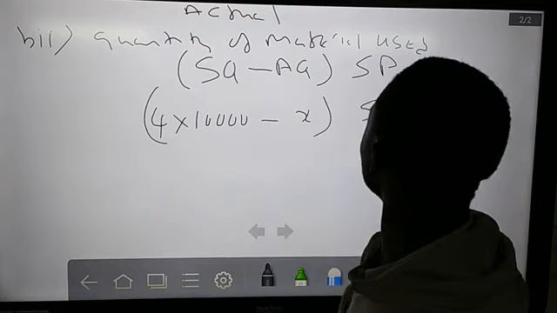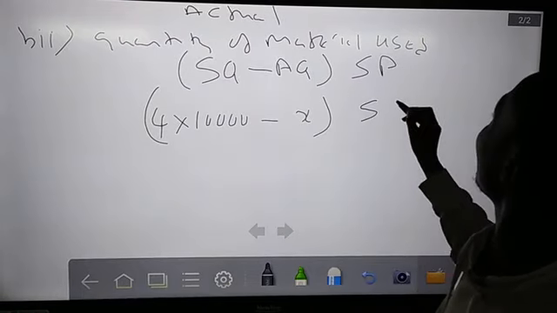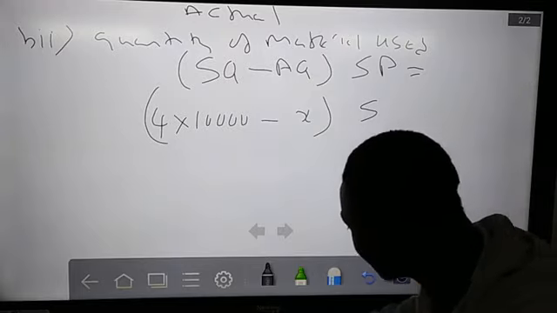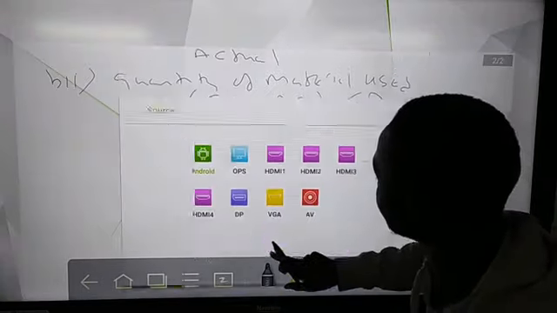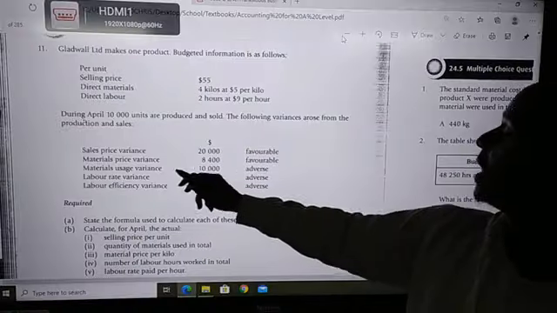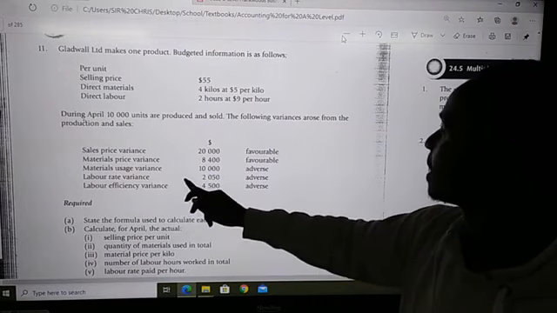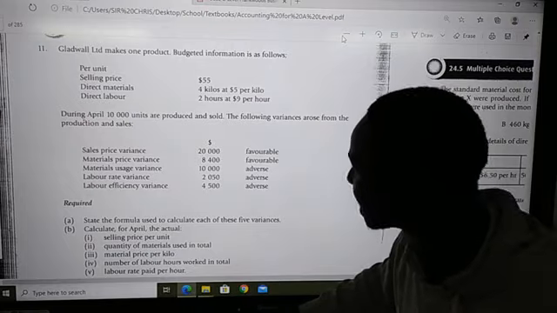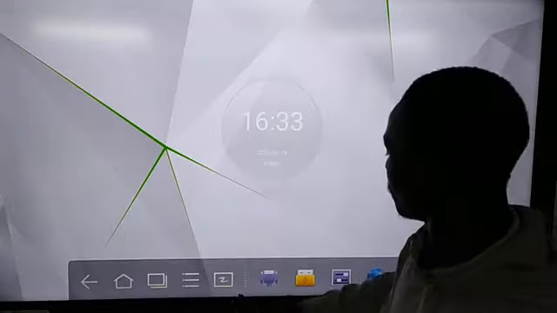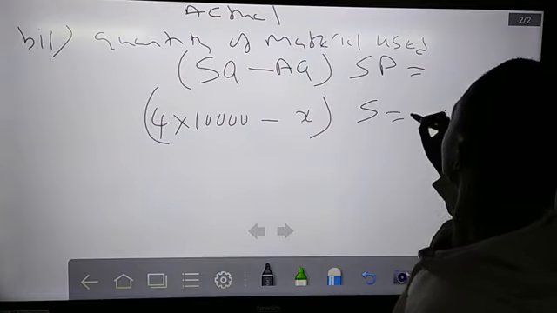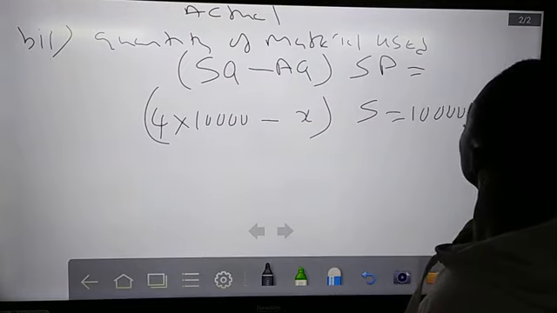So when the answer was calculated, remember from the question, material usage, it's 10,000 adverse, that's negative. Okay, so let's put the answer here, equals to negative 10,000.